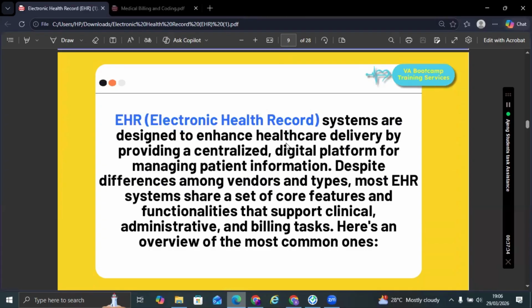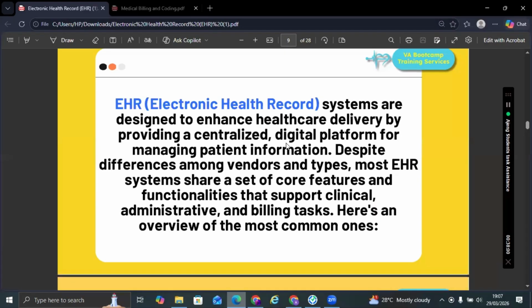EHR, electronic health record systems, are designed to enhance healthcare delivery by providing a centralized digital platform for managing patient information. Despite differences among vendors and types, most EHR systems share a set of core features and functionalities that support clinical, administrative, and billing tasks. Here's an overview of the most common ones.